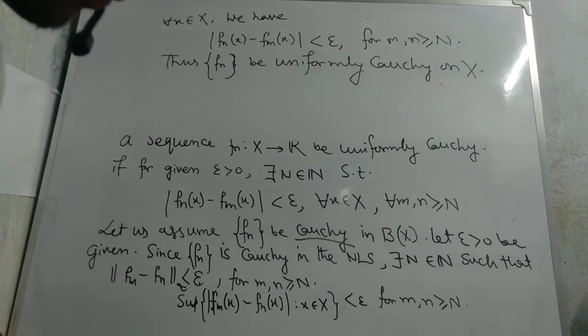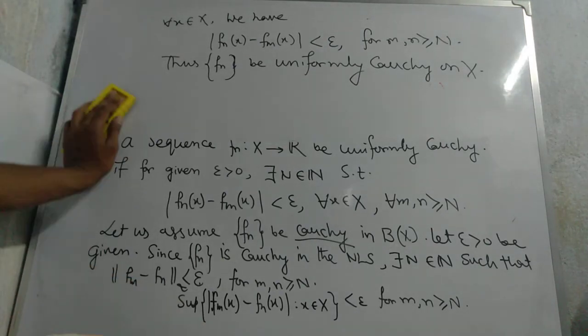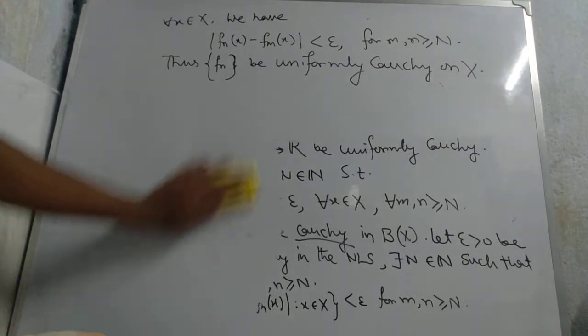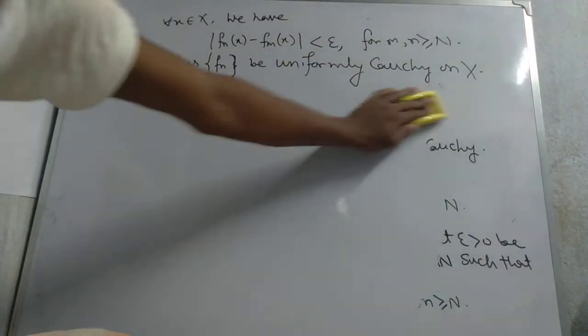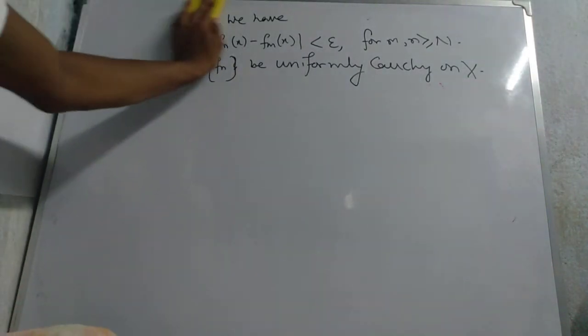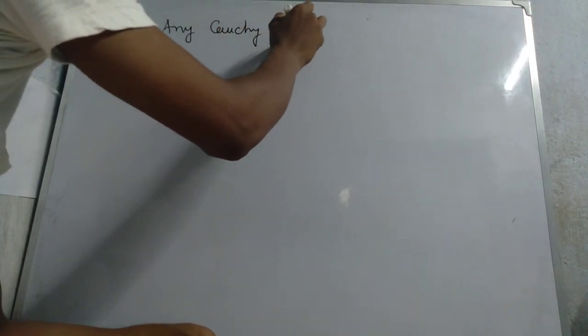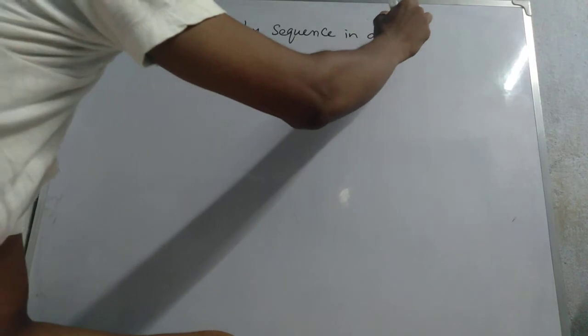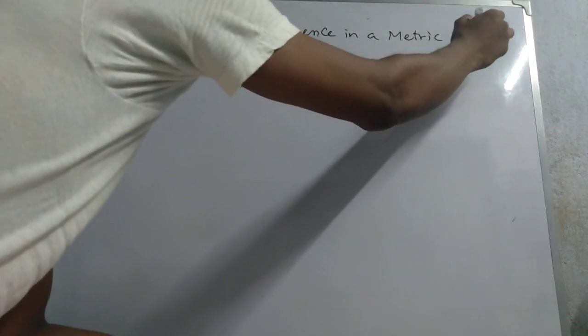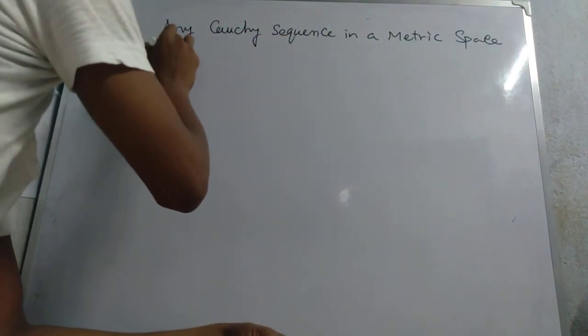Okay, we erase this portion. Any Cauchy sequence in a metric space is bounded.